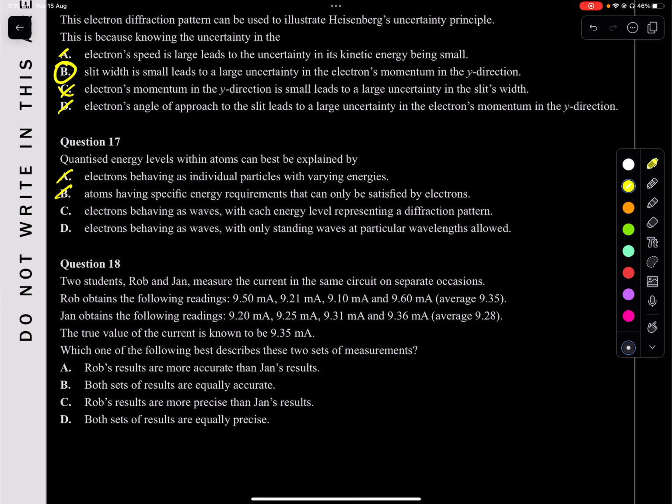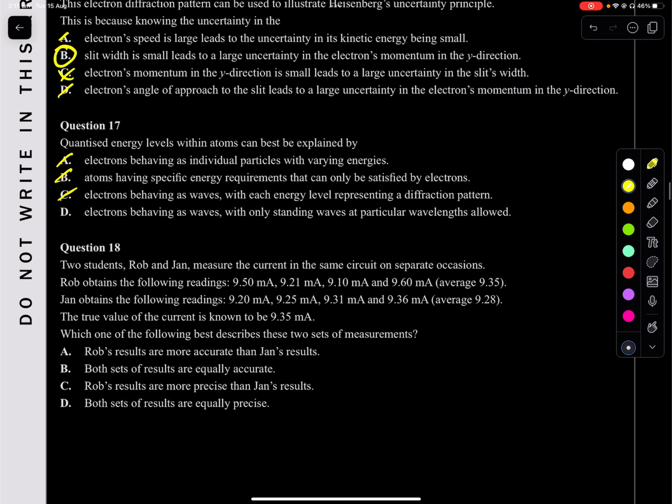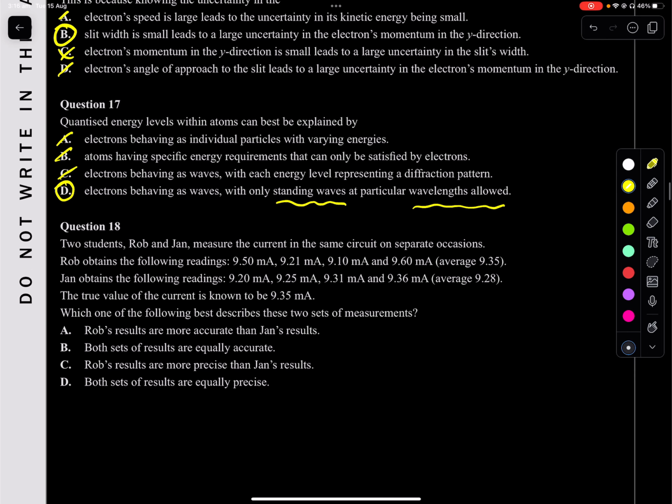Not true, that's wrong. Let's look at D. Electrons behaving as waves, that's also true, with only standing waves at a particular wavelength allowed. Yes, absolutely, that's what quantized means. Only certain wavelengths or energies are allowed for a standing wave to occur. So D must be your answer for that one.